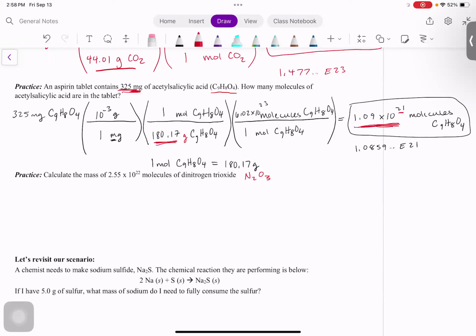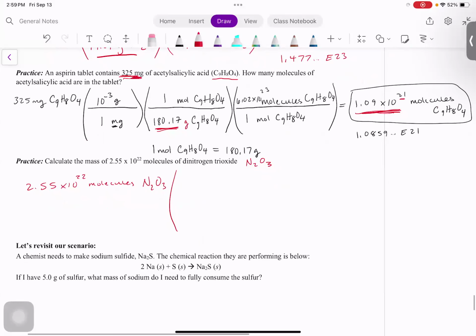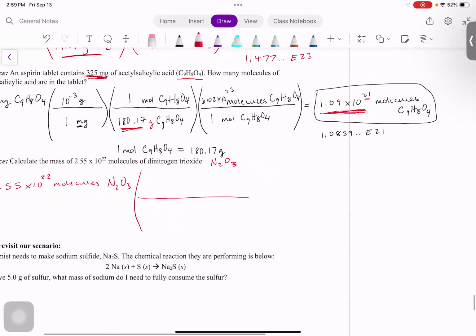We're starting with molecules. So 2.55 times 10 to the 22nd molecules of N2O3. Well, I know that 1 mole of N2O3 contains 6.02 times 10 to the 23rd molecules.